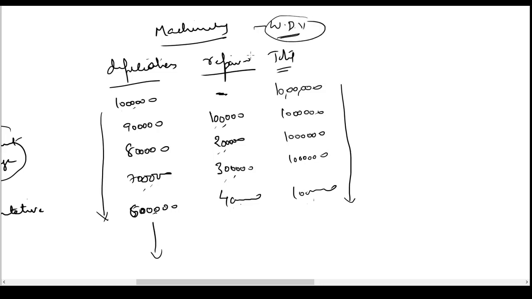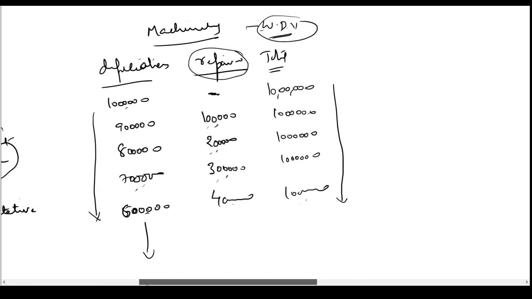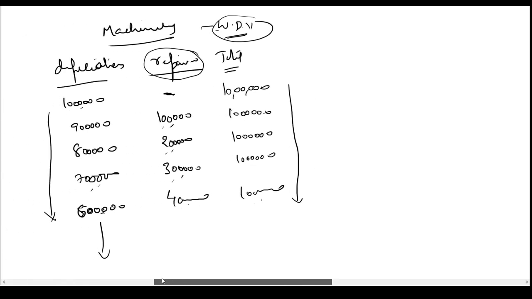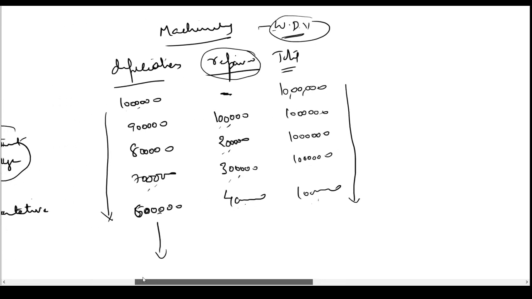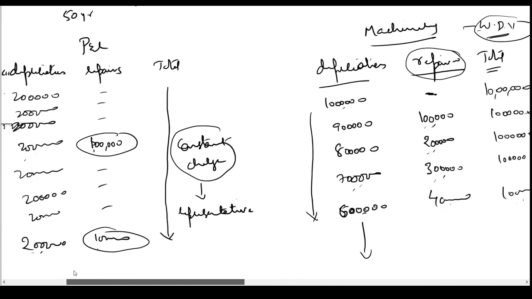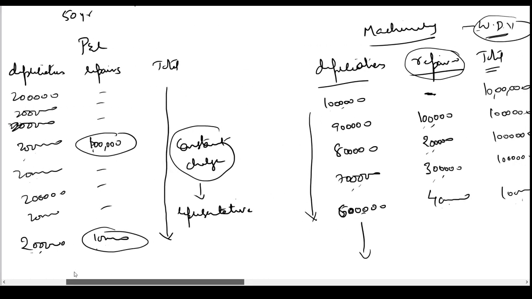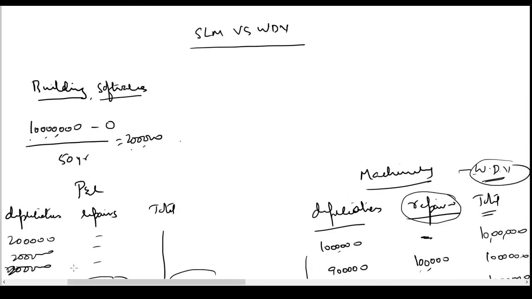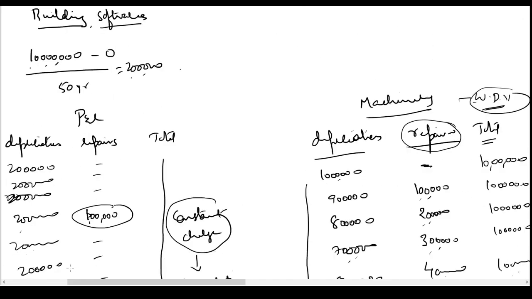Where repairs are significant, the WDV method is more suitable for charging the depreciation amount. If the life can be measured in terms of number of machine hours, if you know the usage of the machine in hours, then definitely you can follow the machine hour rate method. So this was a small comparison of the methods of depreciation and its impact on the profit and loss account.